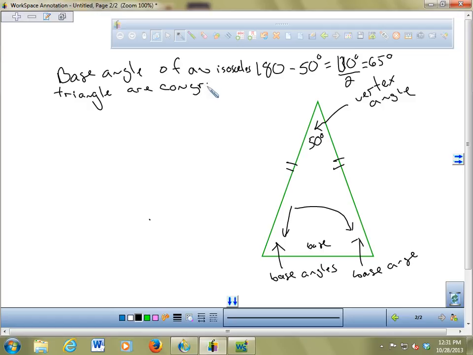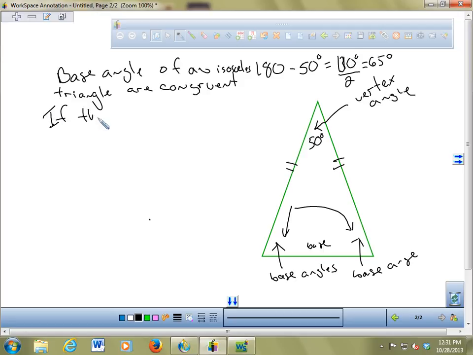A lot of you have trouble with writing the converse. So who could tell me what the converse would look like? What if I switch the if part and the then part around?